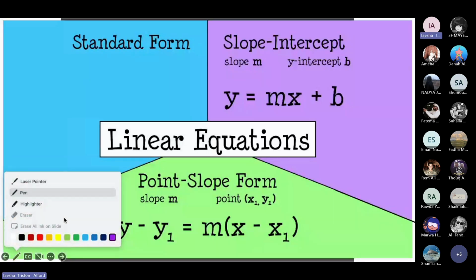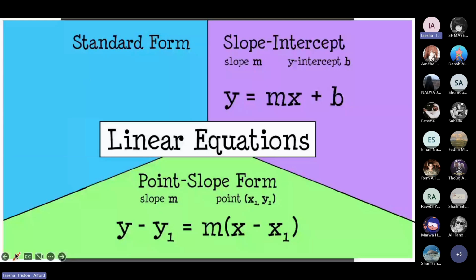You need to know where the slope is. In slope-intercept form, the slope is next to the x. In point-slope form, the slope is touching the parentheses. So you should know how to find the slope in either form, because they may give you either one of those.